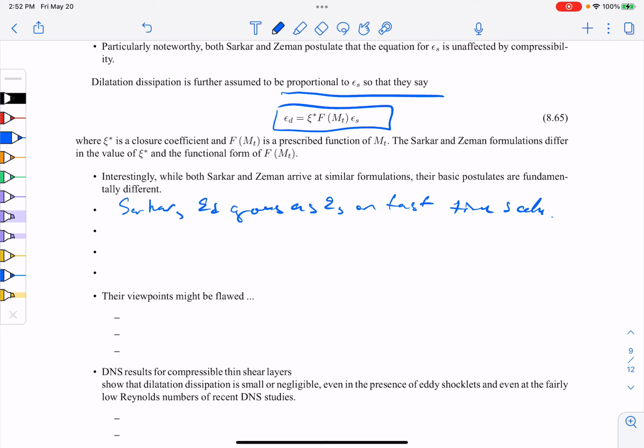They also conclude that the dilatation dissipation increases with MT in a monotonic manner. Zeman and his co-investigators viewed the existence of eddy shocklets, which are principally responsible for the dilatation dissipation.